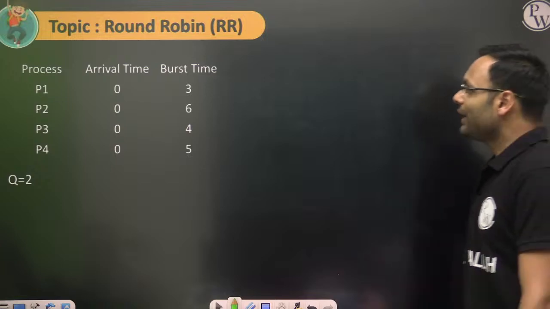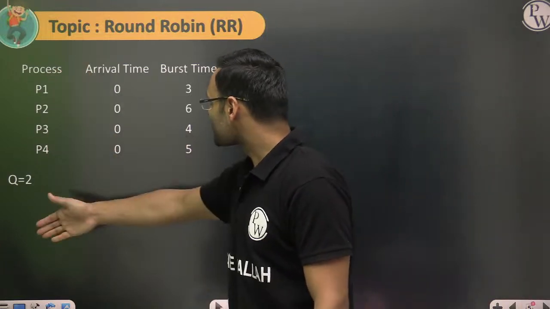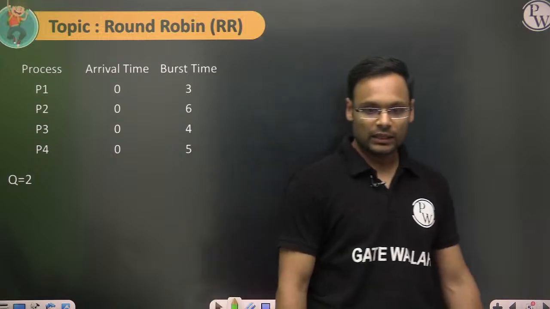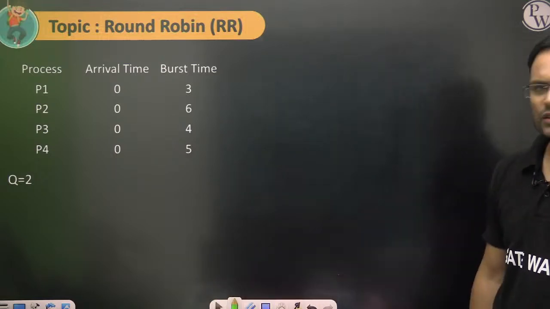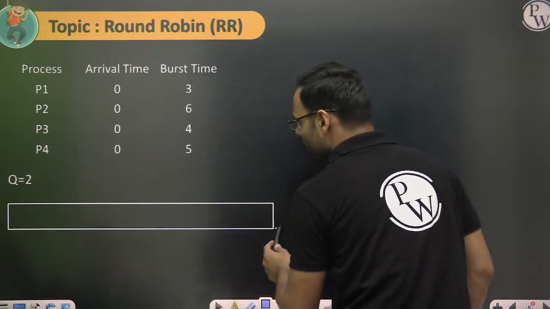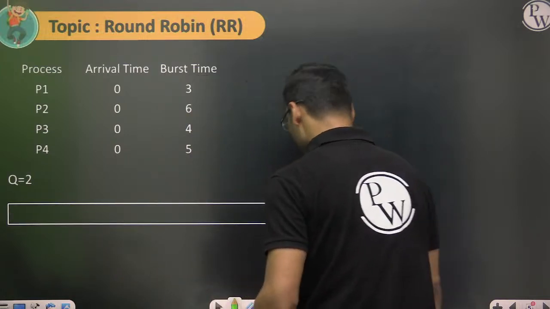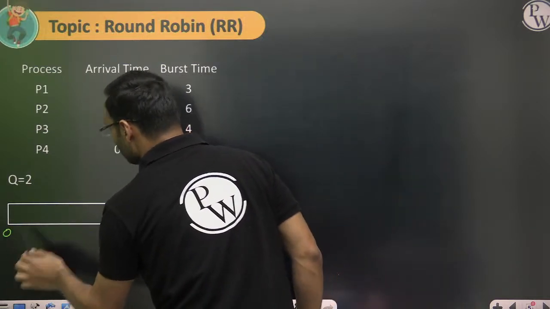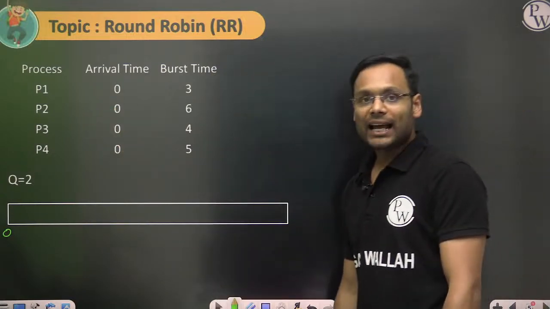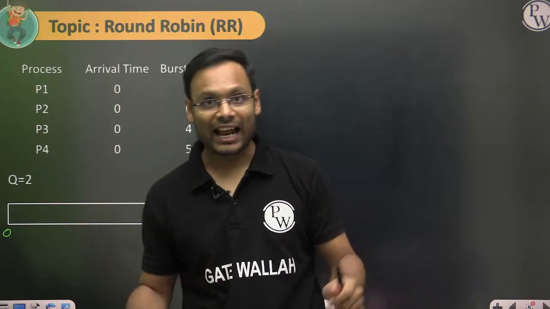Okay, now we have a very simple question here. 4 processes, their arrival times all 0, burst times given, quantum is 2. If we solve this question, this is a very easy one. Let's draw the Gantt chart. First of all, at time 0, all processes have arrived.